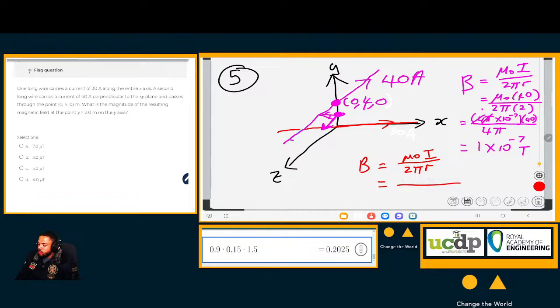In this case, mu naught is 4 pi times 10 to the negative 7, the current is 30 amperes, and the distance is 2 away, so it's 4 pi again. This is 1 times 10 to the negative 7, by the way, times 40. I forgot that times 40.